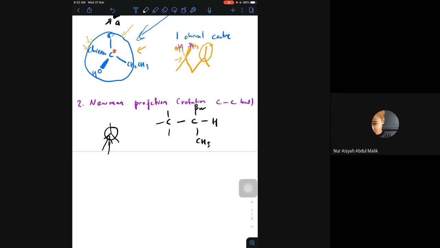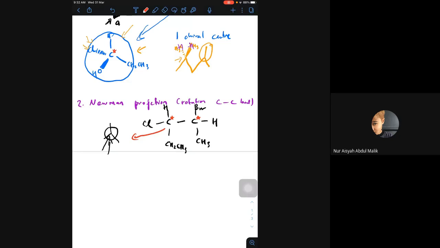And on this side, you can have methyl, for example, a chlorine, and another hydrogen. So how are we going to convert this structure into this Newman? You have these two carbons in the middle. These two carbons are the chiral centers, because each carbon is bonded to 4 different atoms or groups of atoms.